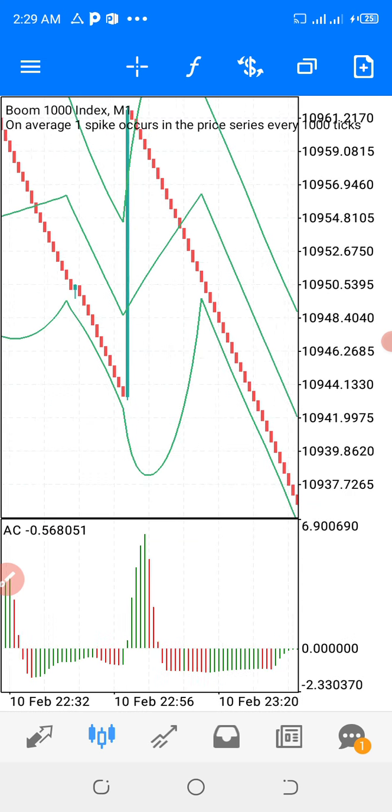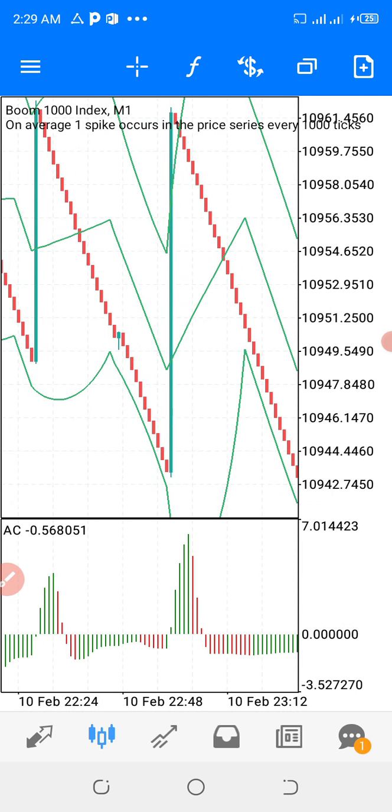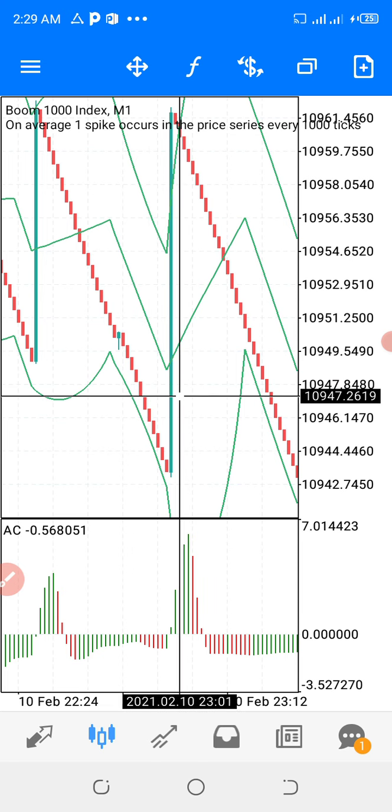The next thing now is to identify the spikes. Your spike is supposed to cross above the top line of the Bollinger Band. You see, this is the spike.